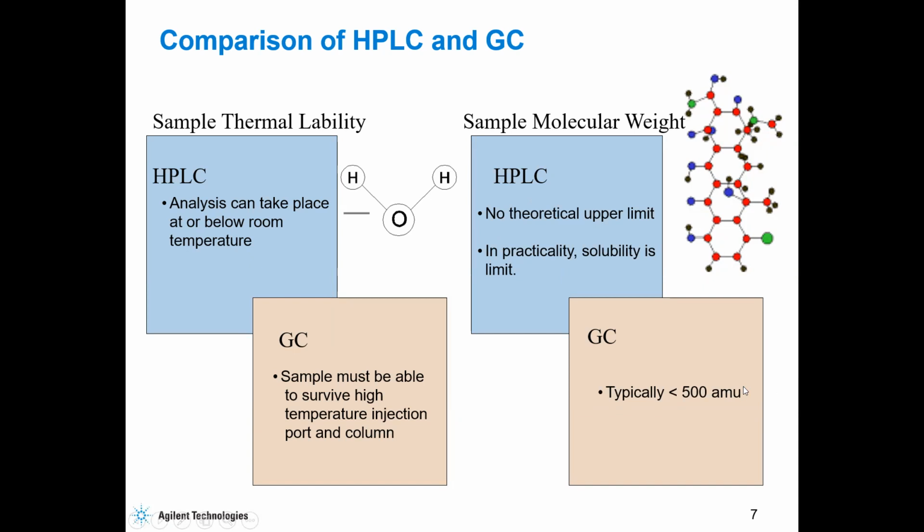Meanwhile, for GC, samples with high atomic mass units will not naturally be separated by GC, because we talk about volatility, and the higher the mass, the lower the volatility. That is why we only use GC for samples that can vaporize.